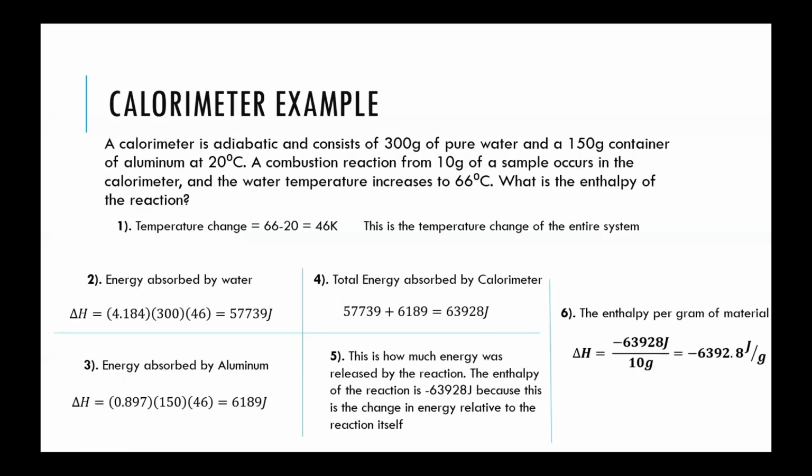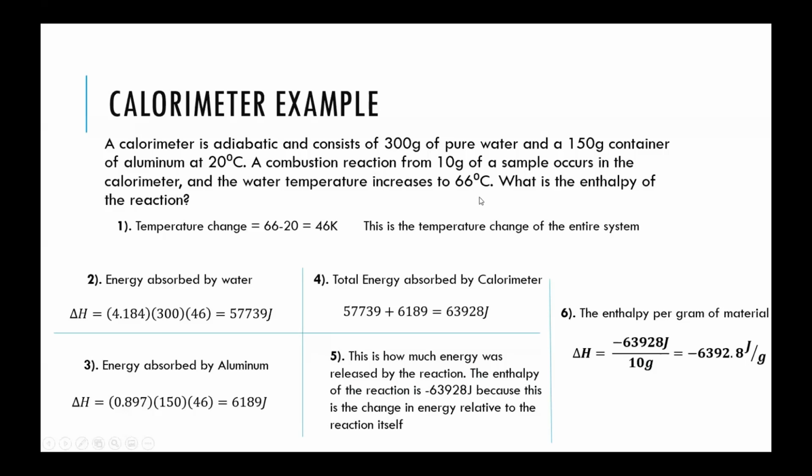So, a typical example: a calorimeter consists of 300 grams of water and a 150 gram container of aluminum, both of which are at 20 degrees Celsius. A reaction occurs inside the calorimeter of a 10 gram sample, and the temperature increases to a final temperature of 66 degrees Celsius.